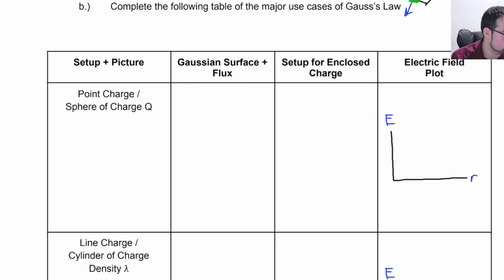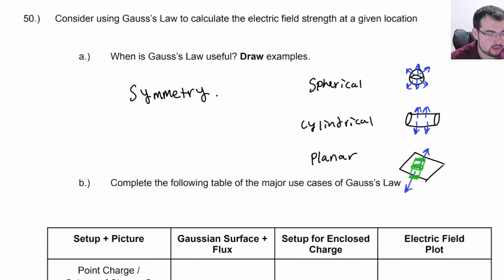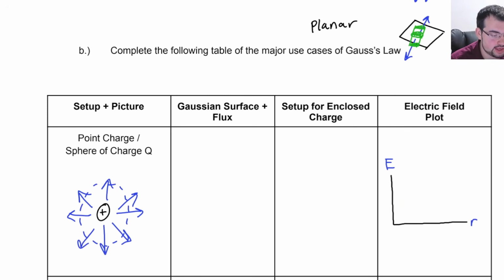So let's make sure we can do these. So for a point charge, the easy part of Gauss's law is the flux. So flux can be found by doing E times A in cases of symmetry.